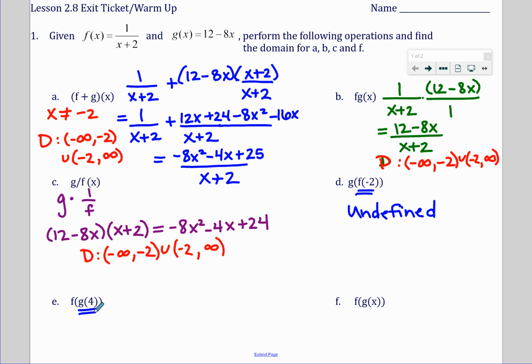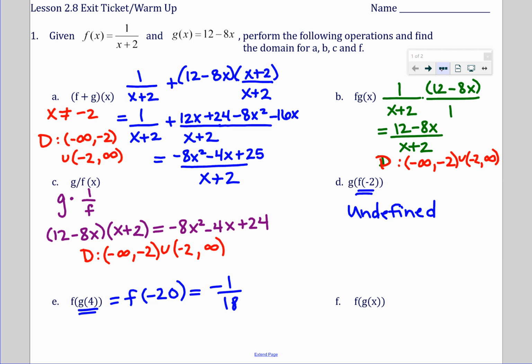If you plug 4 into g, you'll have 12 minus 8 times 4, so 12 minus 32, which is negative 20. Now I find f of negative 20. If you put negative 20 into that denominator, you're going to have negative 1 over 18, or 1 over negative 18 would be the final answer on that one.